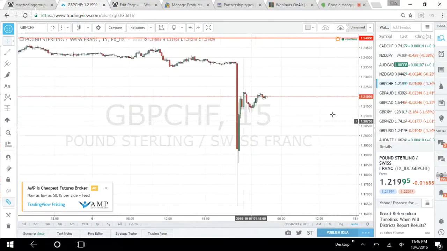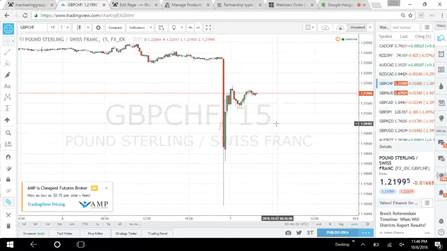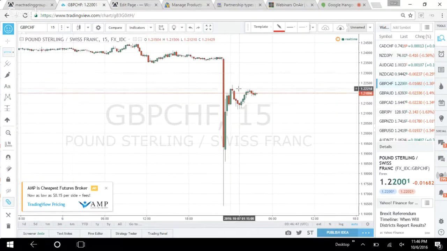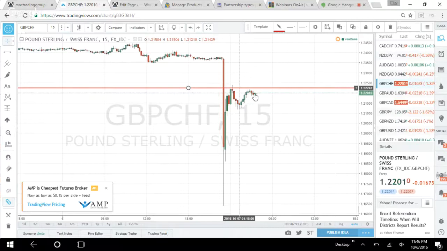So what I like to do, let's say I'm looking at this right now, and this was a big move. I don't know if this pair is gonna move anymore tonight, but if I was banking on something, it's like a little small resistance area, a little M setup possibly.